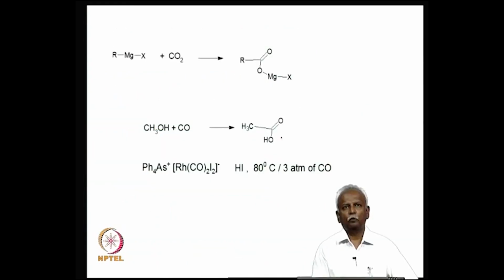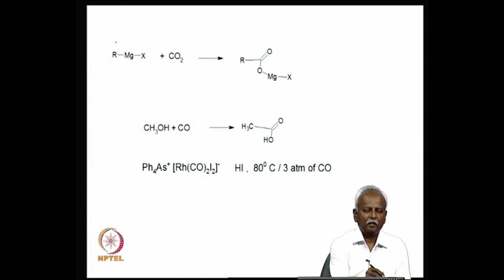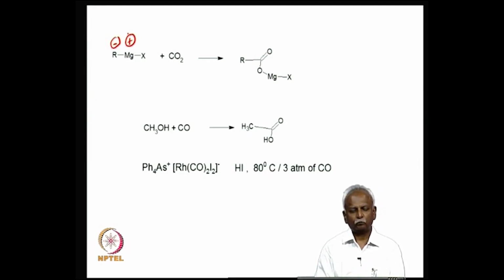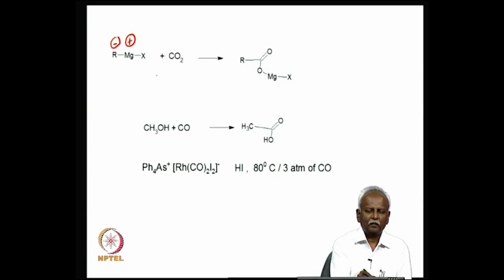Let us take a look now at a main group insertion reaction. If you have a simple Grignard reagent, RMgX, it is highly polarized as R minus and Mg plus. This is the polarization of the Grignard reagent. So, if a molecule like carbon dioxide is allowed to react with it, carbon dioxide is also polarized, and the polarization is quite obvious.